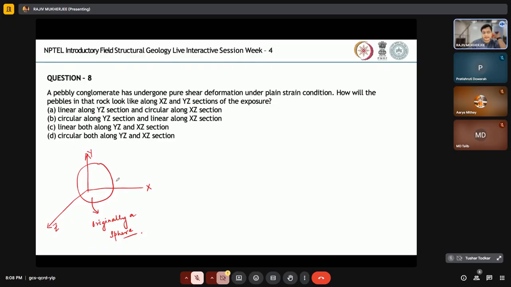Now, if it is deformed, then obviously it will take an elliptical shape. So after deformation, the pebble takes an elliptical shape.